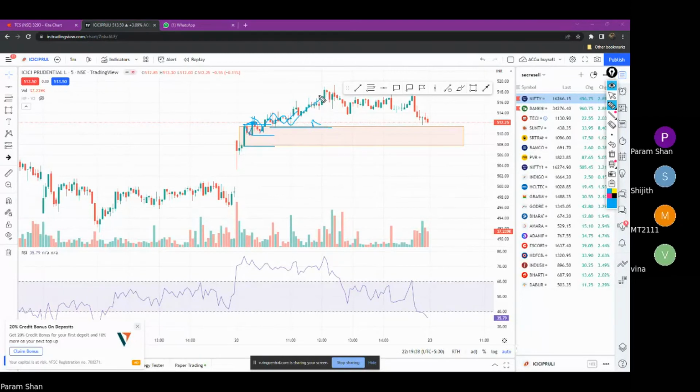Param, I have one query here. If you see this RSI, after one hour the candle in the chart is showing a high, but the RSI is showing a lower high. Excellent question. But you see the volume also.